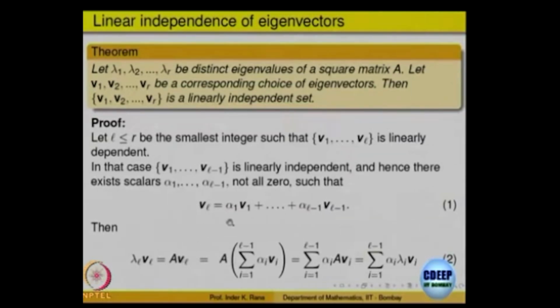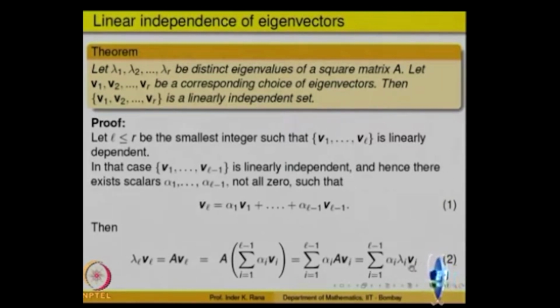But what is VL from this equation? That is a linear combination. So we put this value here and use linearity of A. So A times the sum is equal to sigma alpha i A of Vi. But each Vi is again an eigenvector, so what is A of Vi equal to? That is lambda i Vi.